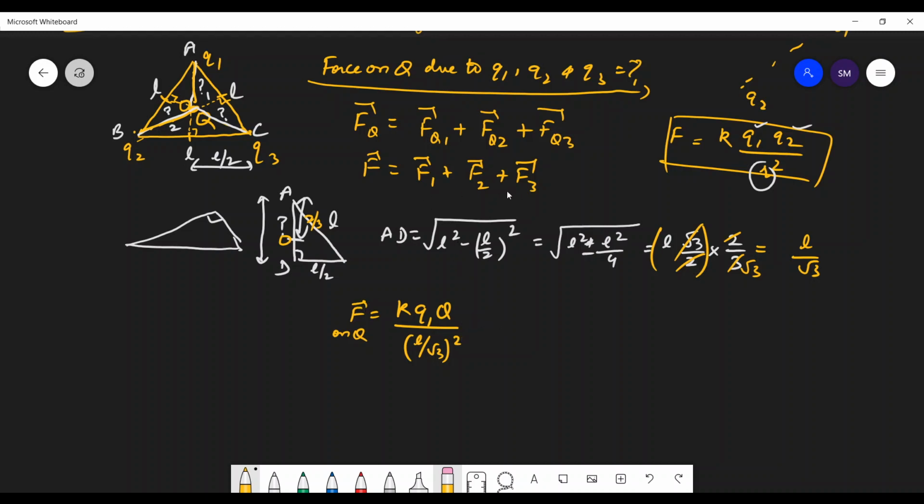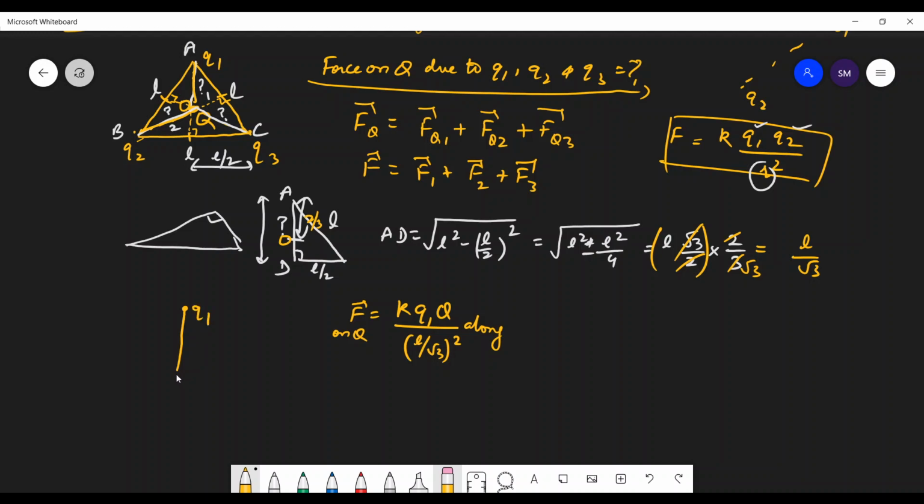So this is a vector addition. So what is it along? So they are same charges, so they will repel each other. I want to know the force on Q. Look at this diagram again.